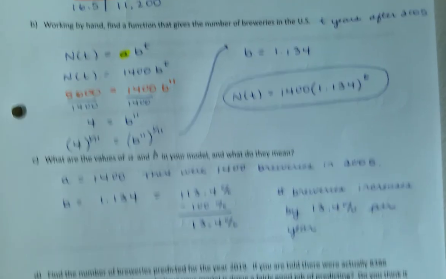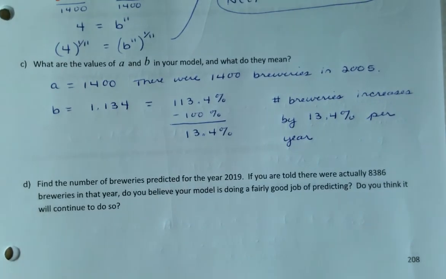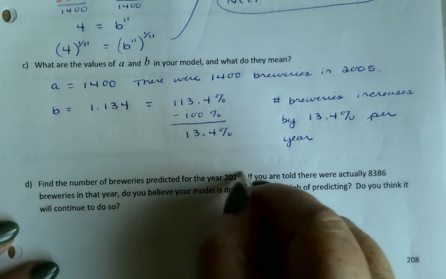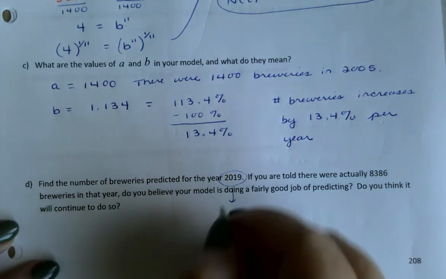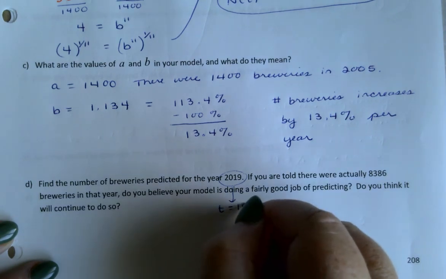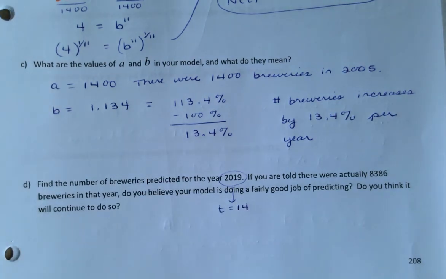All right, lastly, it says find the number of breweries predicted for the year 2019. So let's see, we're starting in 2005. 2019 would be t equal 14, right? 14 years after 2005.